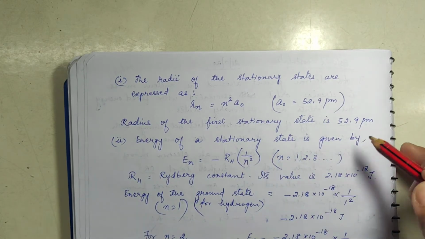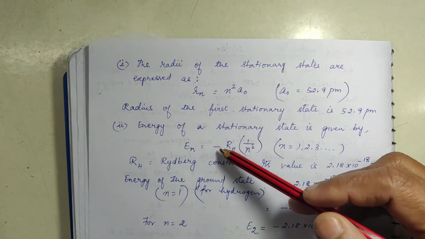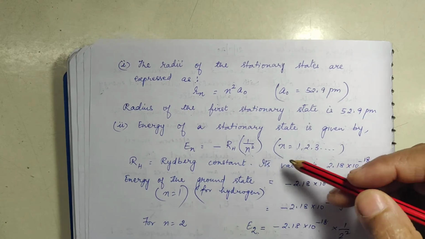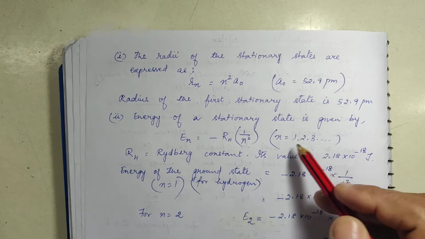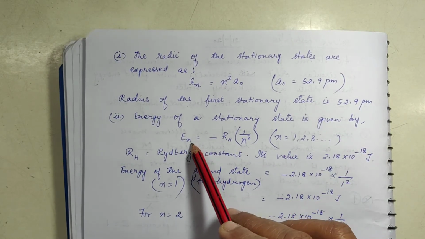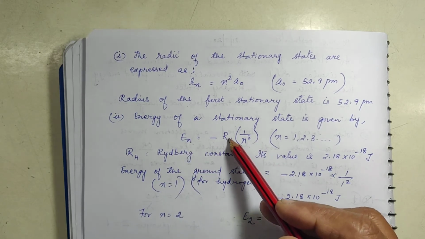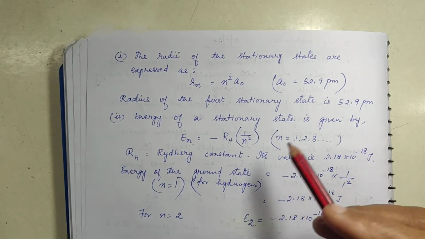Now energy of a stationary state, how do you give? You give it as En is equal to minus Rh into 1 upon n square. Again, n is equal to 1, 2, 3, which are nothing but the shell number or the orbit number. This is energy of an electron belonging to nth orbit, Rh. Now this here, H is nothing but, we are talking about a standardized atom, that is hydrogen, because it's having only one electron.